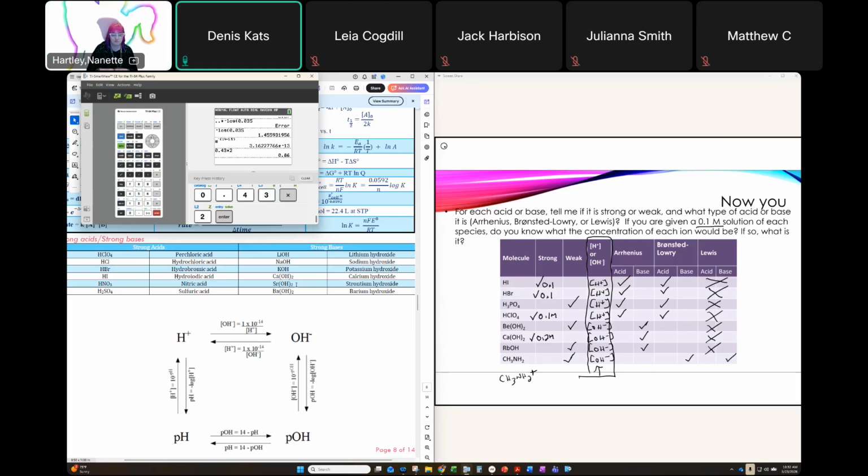So does that help? A little bit, yes, thank you. I understood as we were going through class that this was not the best way to define it as the H plus or the OH minus, meaning acid or base. So that's why on the test it doesn't appear that way.